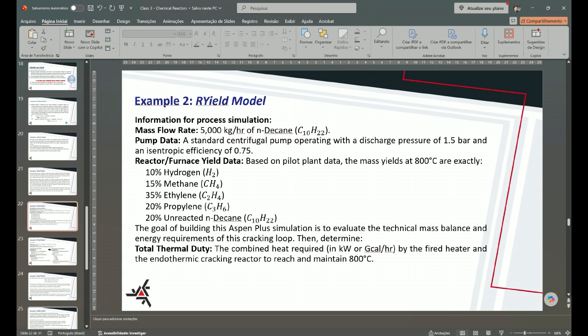Okay, so here we have the information for simulating the process: the mass flow rates, the pump data, the reactor yield data, the amount of products that will be obtained and the remaining unreacted and decay. The goal of building this Aspen Plus simulation is to evaluate the technical mass balance and energy requirements of this cracking loop, then determine the total thermal duty, the combined heat required by the fired heater and the endothermic cracking reactor to reach and maintain 800 Celsius degrees.